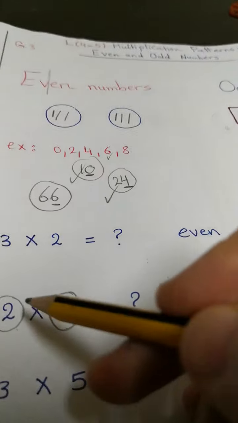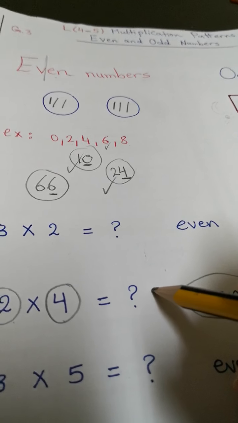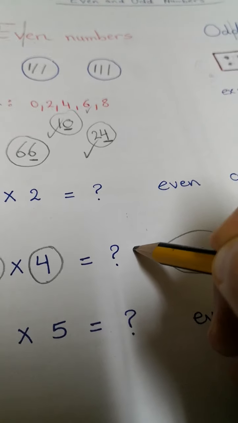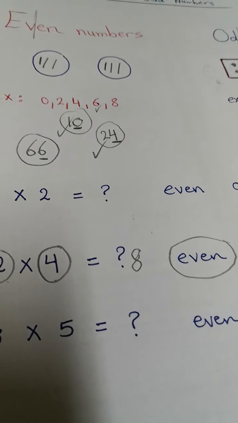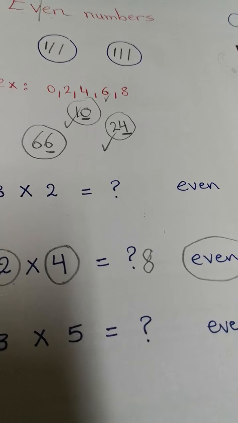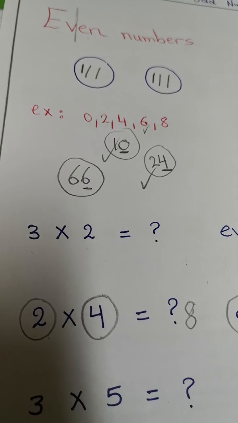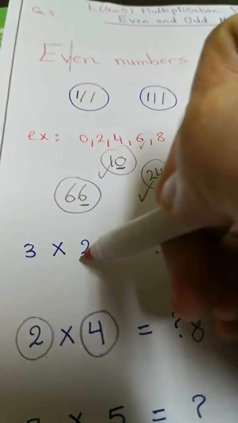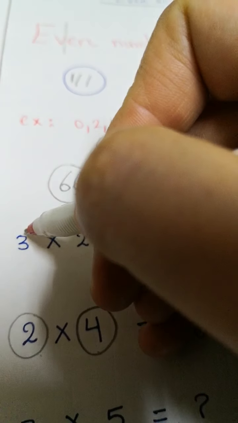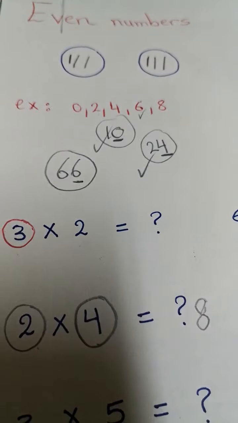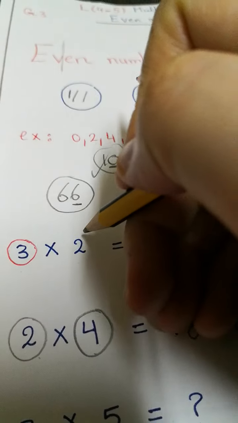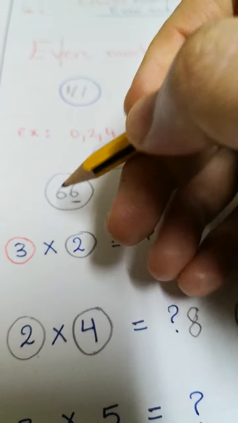Very good. 2 multiply 4 equals 8. And yes, 8 is an even number. Easy? Yes, I think it's so simple. Coming to another example. 3 multiply 2. 3 is an odd number. Now what about 2? An even number, yes?